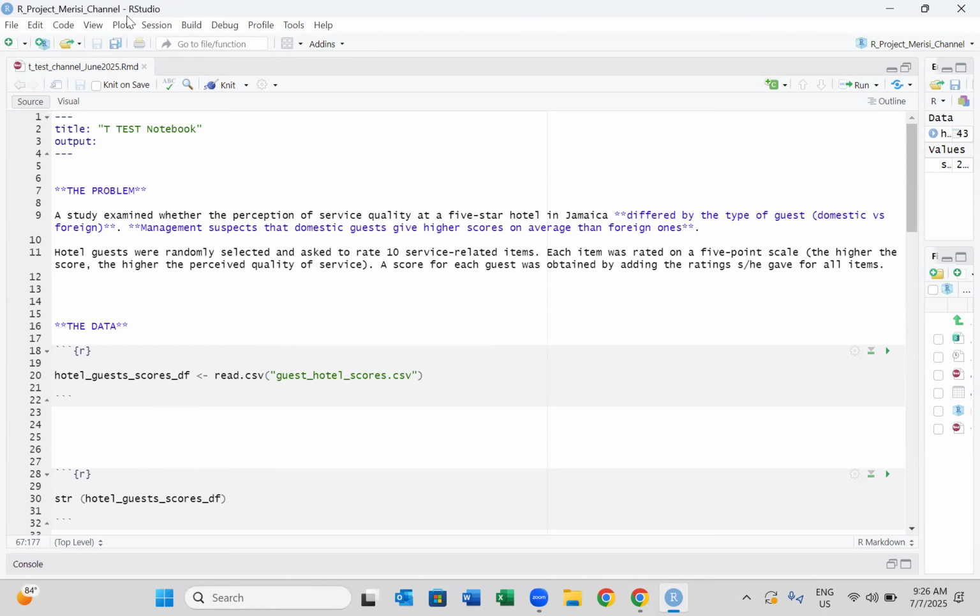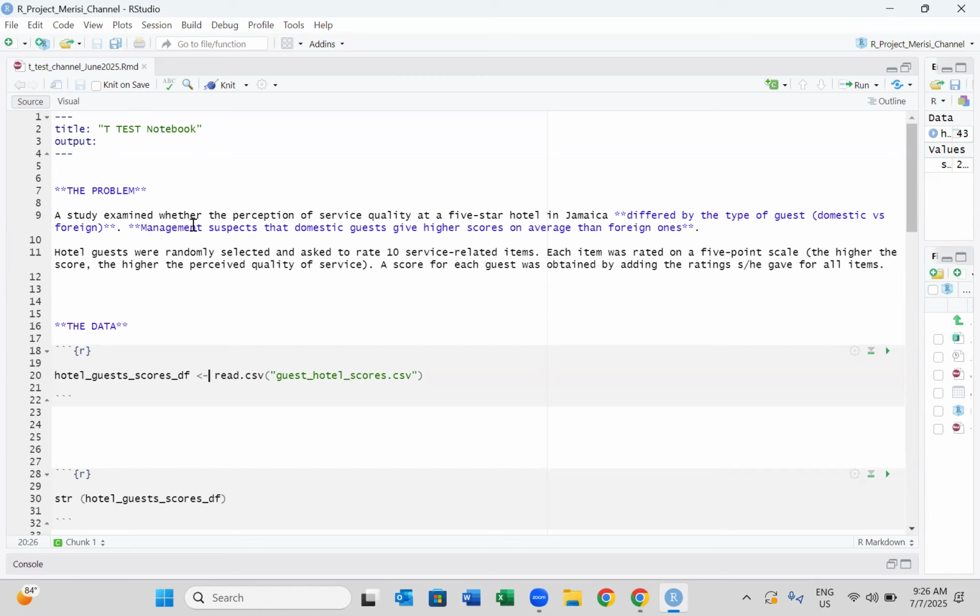With RStudio, I created a notebook. This .rmd file is an R notebook, which is a very convenient way of including text, code, and the output from your code, everything in one place. That's why I'm using an R notebook.